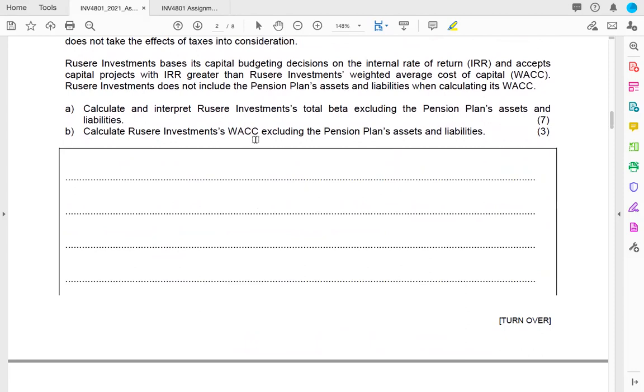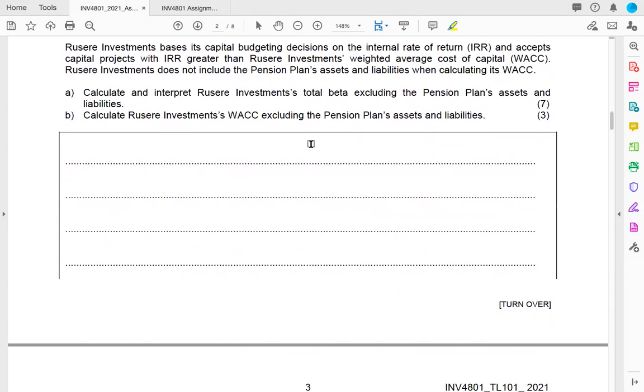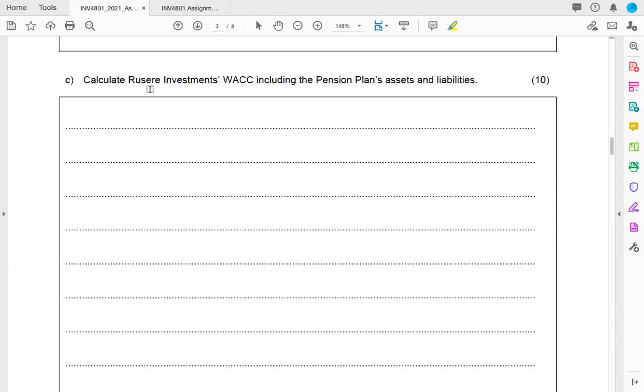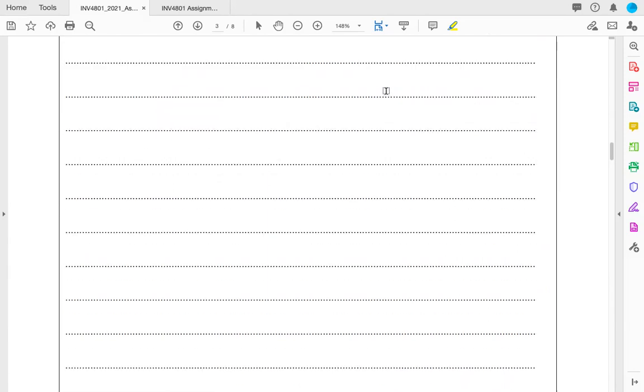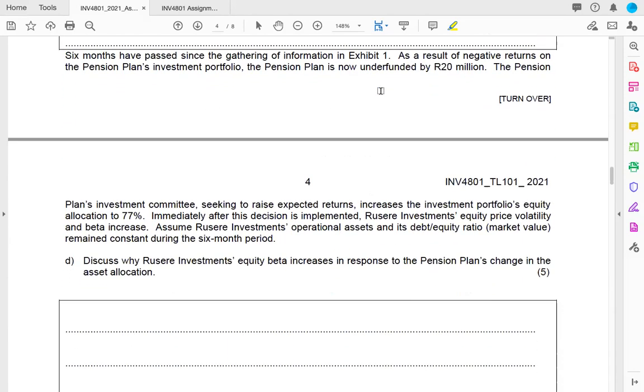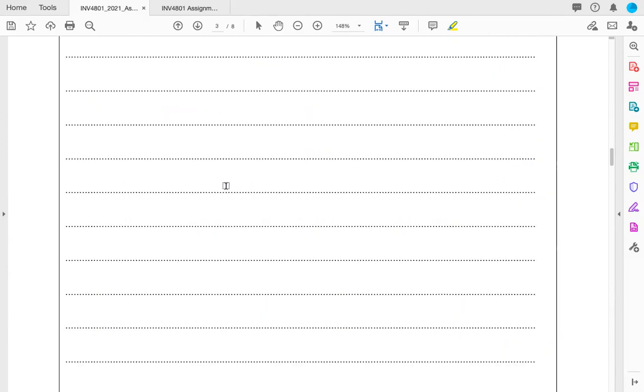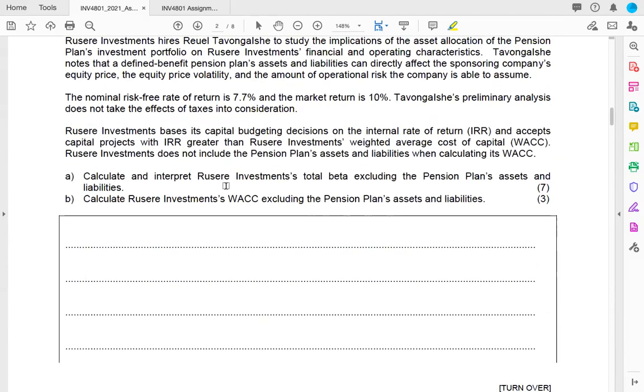B, calculate Rusere Investments' WACC, excluding the pension plan's assets and liabilities. Part C, calculate Rusere Investments' WACC, including the pension plan's assets and liabilities. And then discuss why Rusere Investments' equity beta increases in response to the pension plan's change in asset allocation, given a small case study here.